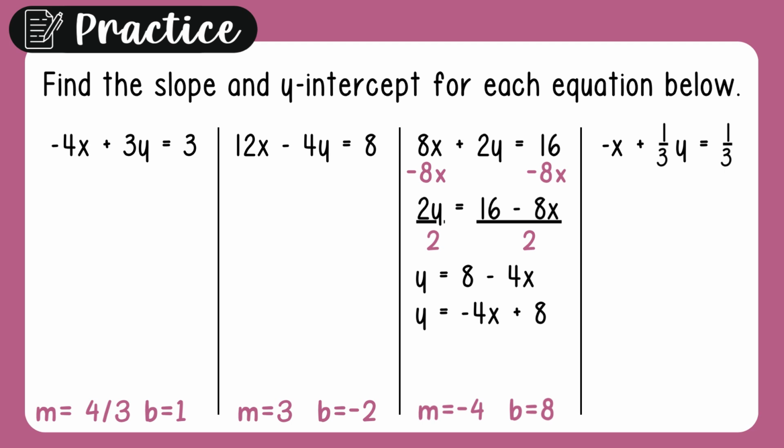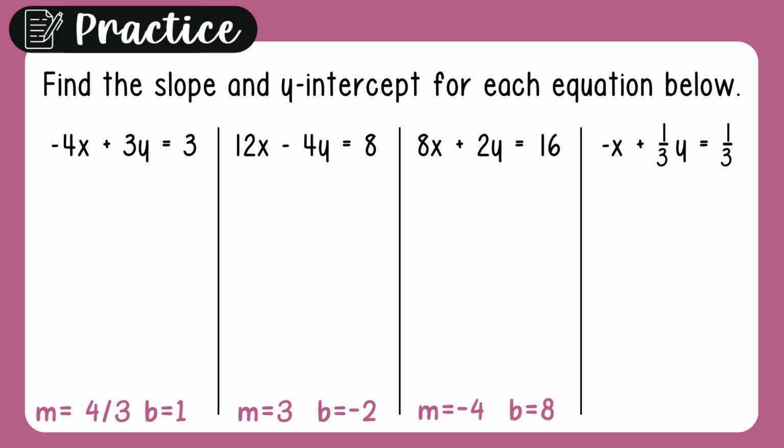And we see a fraction, so this might be a little different, but we'll still get through it together. Okay, let's add x to both sides of the equation. So we get 1/3 y is equal to 1/3 plus x. Usually at this step, we'll divide by the coefficient of y to get it by itself. But when we have a fraction, we do things a little differently.